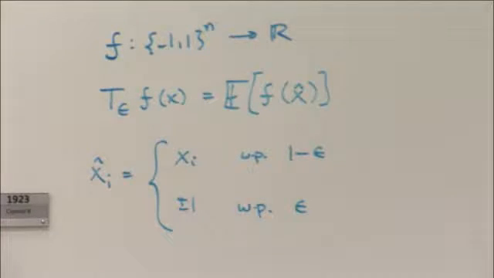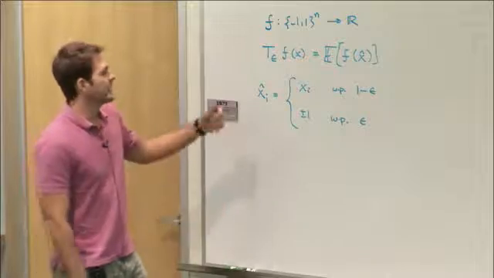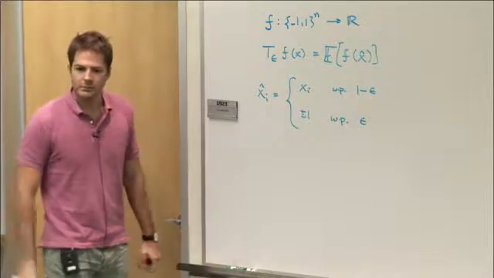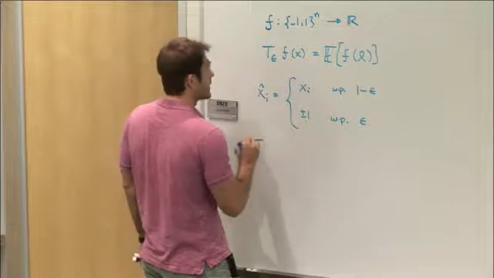So for epsilon bigger than 0, you should think about this as some kind of smoothing operator. You average f over small balls, or you can think about averaging it over short random walks in the hypercube.